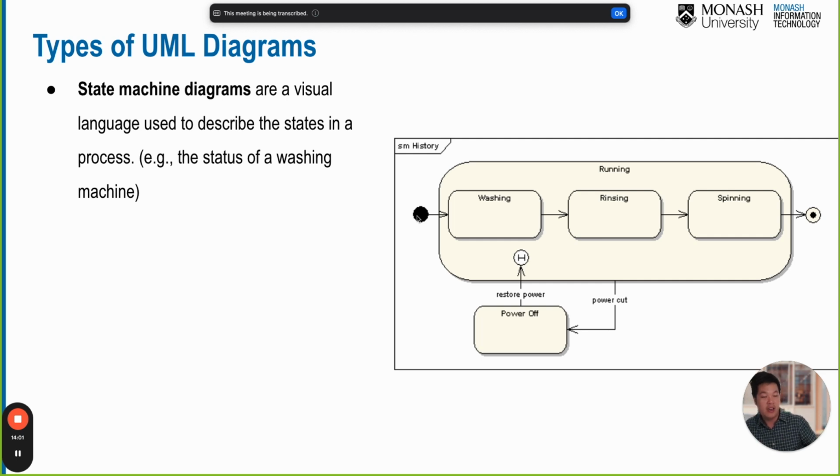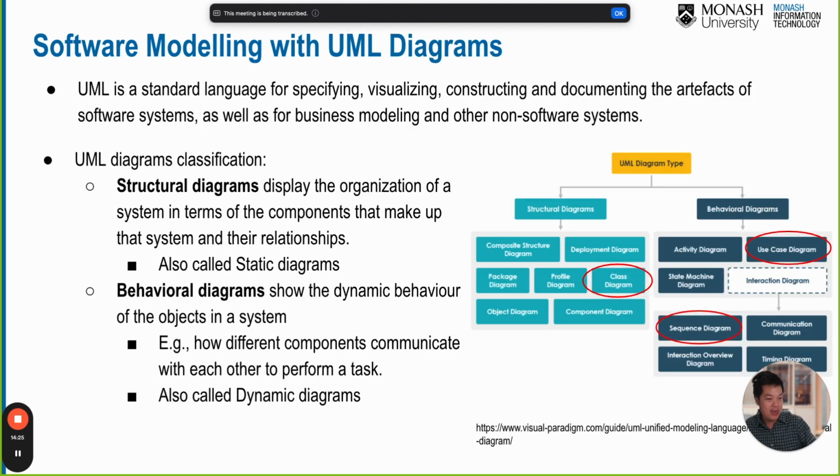Washing machine: first, we do the washing. Once your clothes are washed, we start rinsing, spinning. But if there is a power cut, it will power off, and we can restore the power. So it's more like the state of the process, not about the classes, not about the objects. Again, the state diagram is part of the behavioral diagrams.